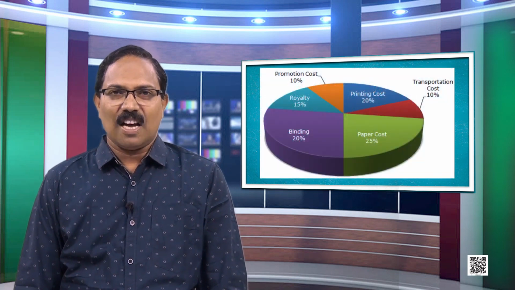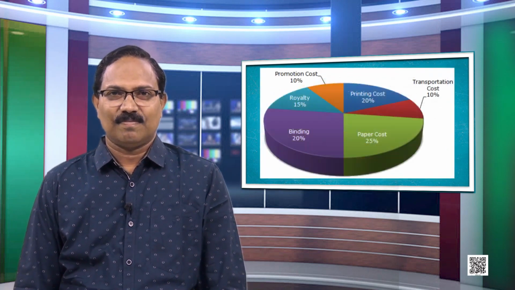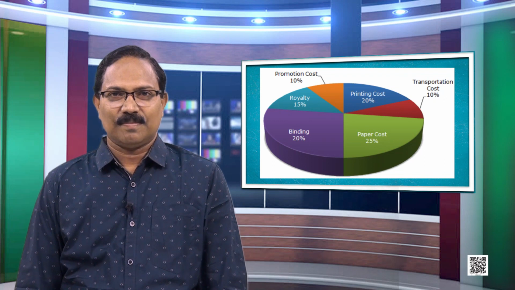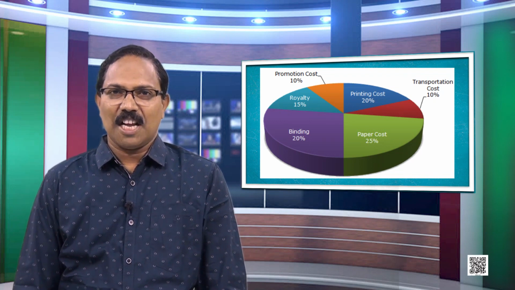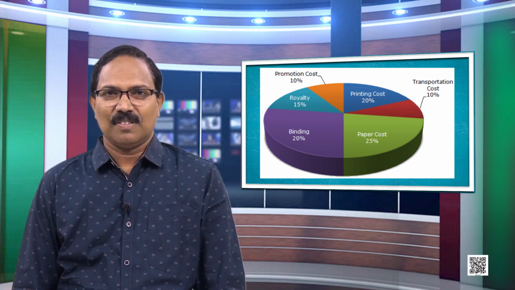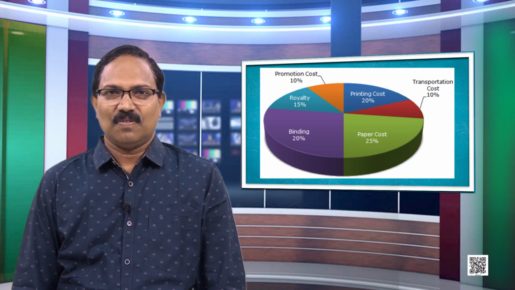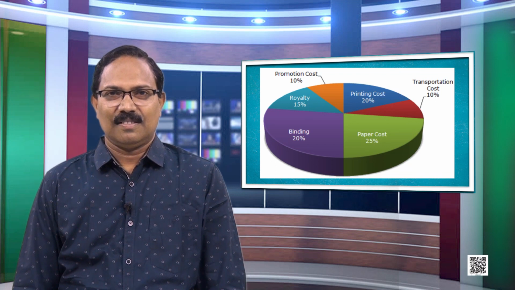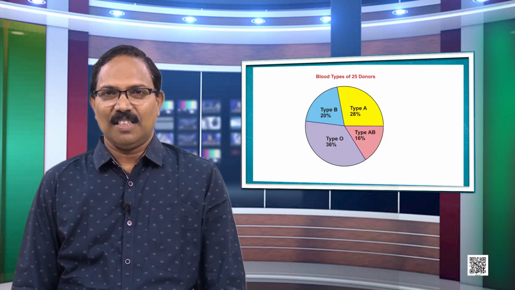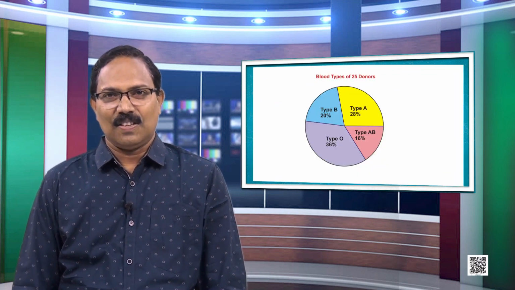Students, let us learn one more graphical representation of data. Look into these graphs given here. What type of graph is this? You know? What is the shape of this particular graph? First one, circle. Second one, circle.